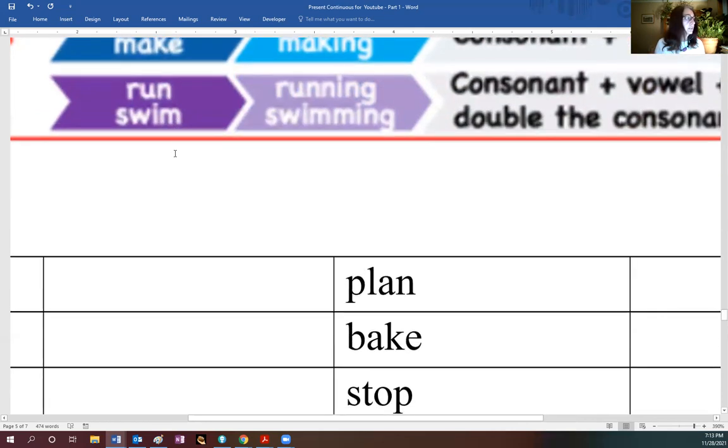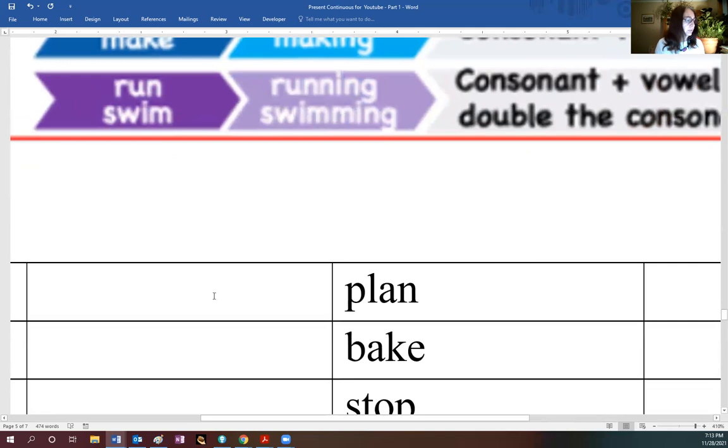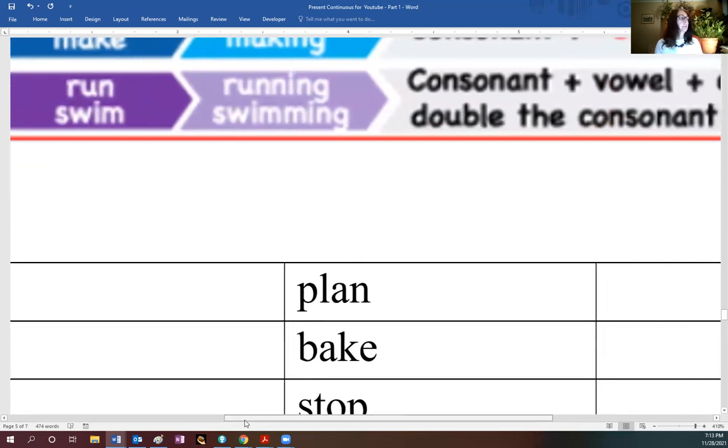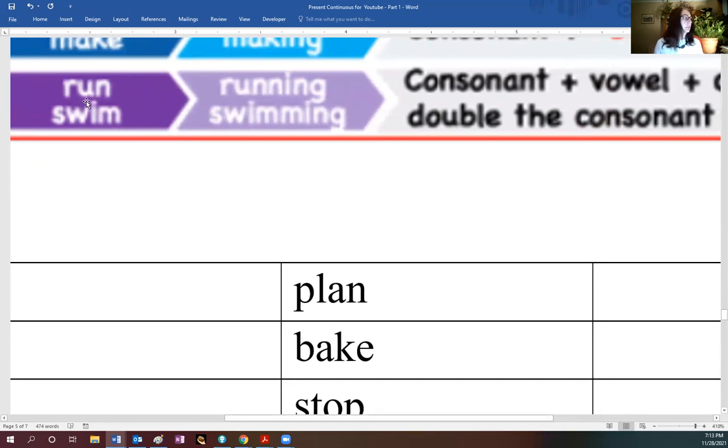Okay, and the third rule, and this is a little bit trickier because this is not always the same. So you have a consonant and a vowel and the consonant. That's how it ends. Okay, so R-U-N. R is a consonant, U is a vowel, and N is a consonant again. So before adding ing, you double the last consonant. So it will be double N. R-U-N, N-I-N-G.